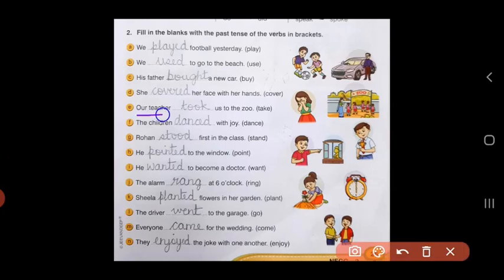E. Our teacher dashed us to the zoo. The verb is take. Past tense of take is took. Our teacher took us to the zoo. F. The children dash with joy. Verb is dance.